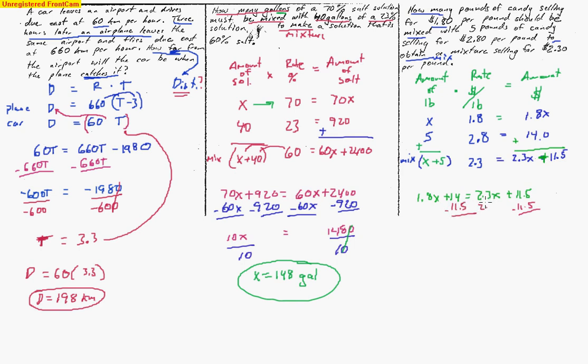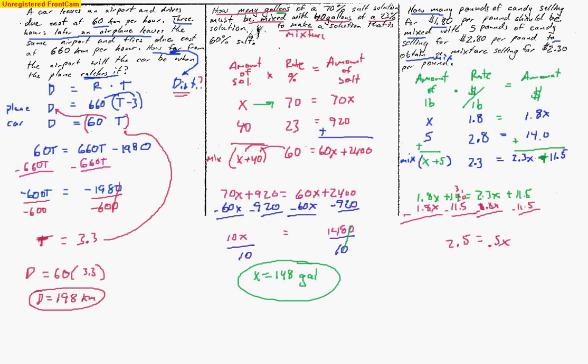And over here, since I need to move this 1.8x to the other side first, I'm going to go ahead and subtract that. So let's take a look at what we got here. So again, if you're doing this subtraction, you got to make sure you end up borrowing from that 4, change it to a 3, and we're left with a 2.5. Over on this other side, when you do that subtraction, we're left with 0.5x.